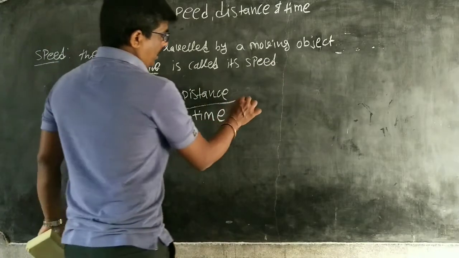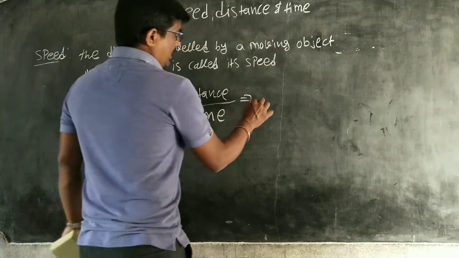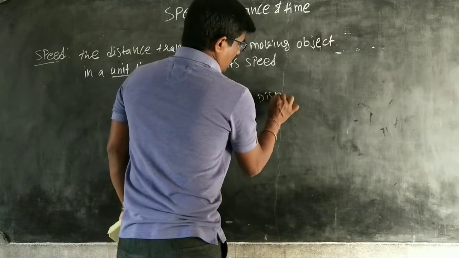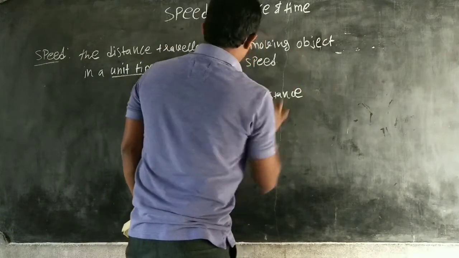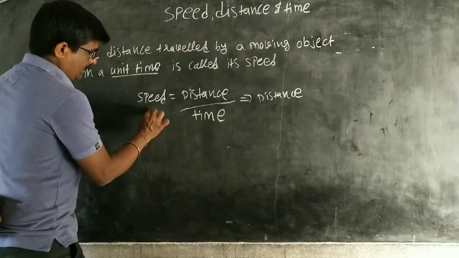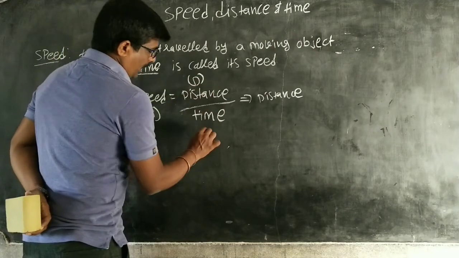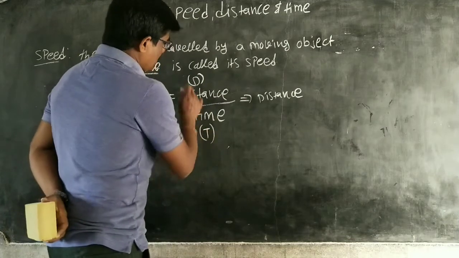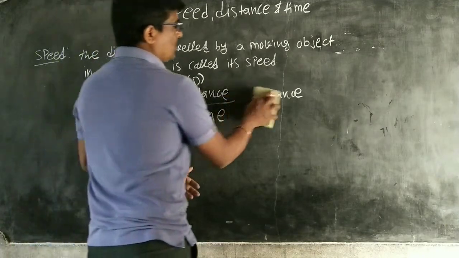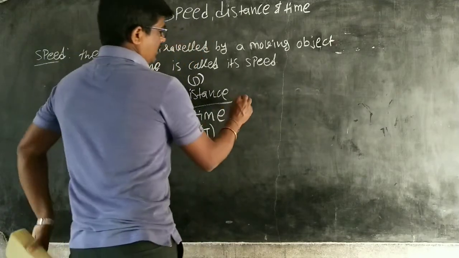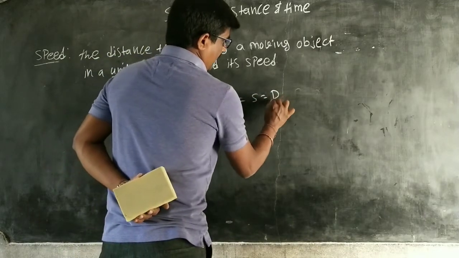From that we can derive another formula. Speed is denoted with S, distance is D, and time is T, which is very convenient. So S is equal to D by T.